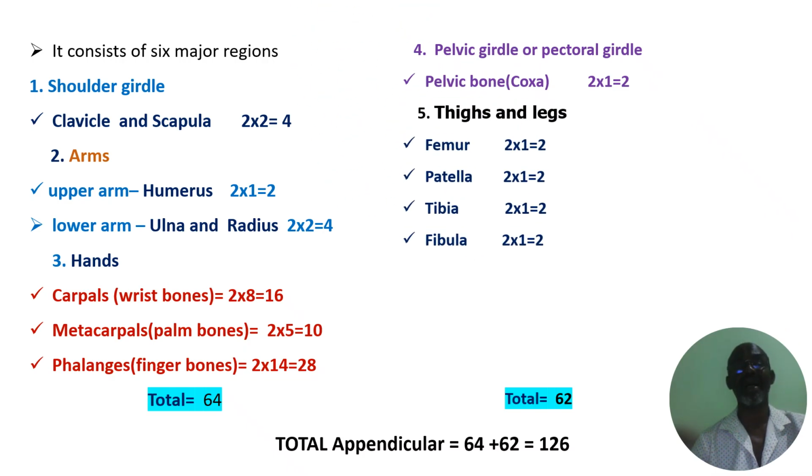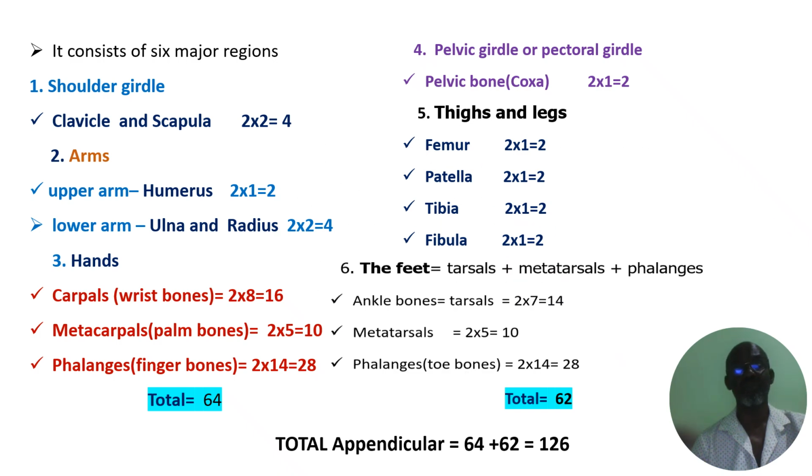And the other is thighs and legs. Just femur, 2 times 1, 1 on each side. Patella, 1 on each side, 2 times 1. Tibia and fibula form the lower leg.